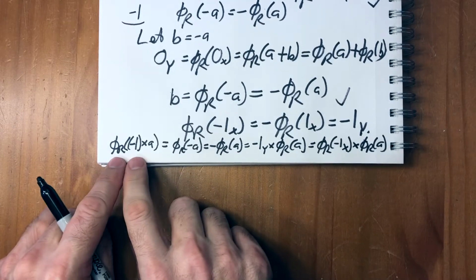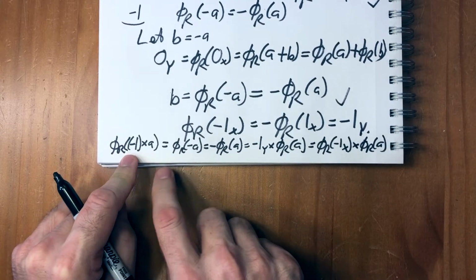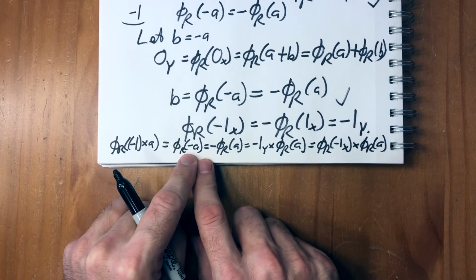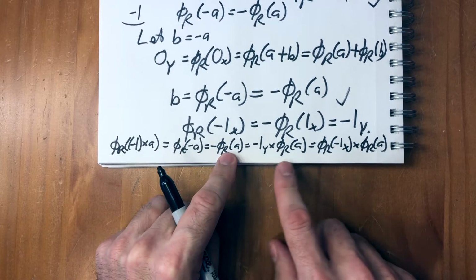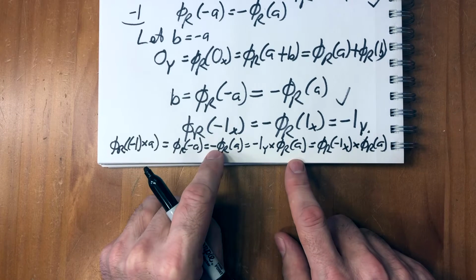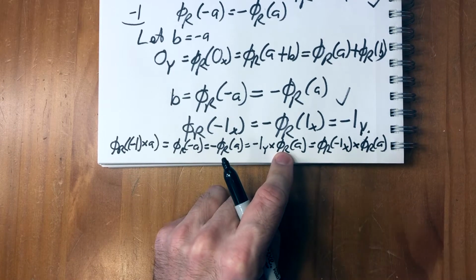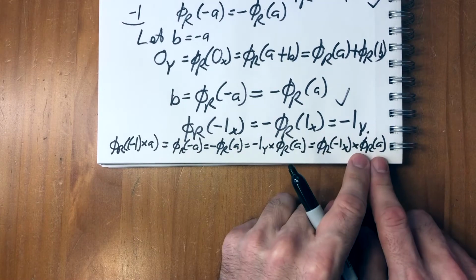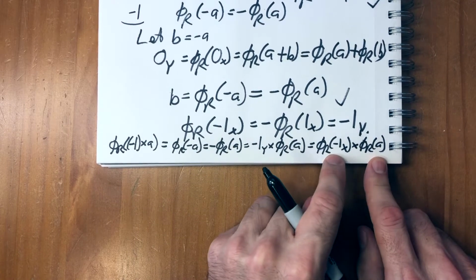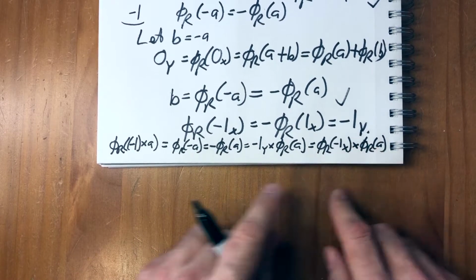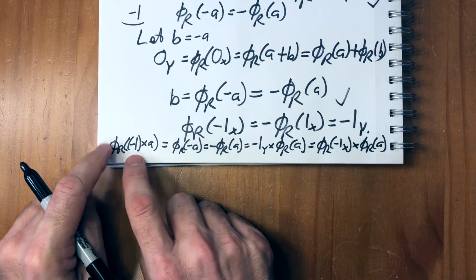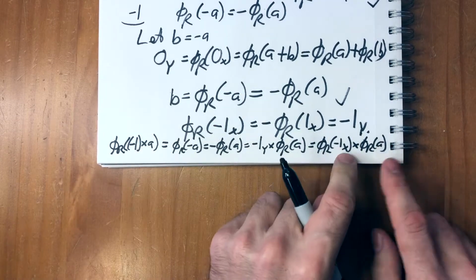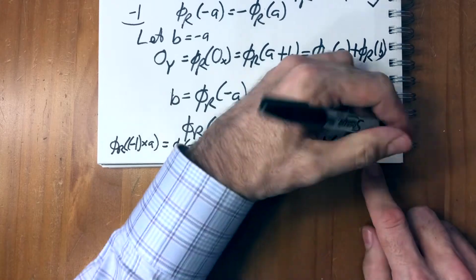So what did we do? We started with minus 1 times a, and then minus 1 times a is minus a. That's the same as minus phi r of a. That's the same as minus 1 times phi r of a. And then minus 1 is the same as phi r of minus 1. So this equals phi r of minus 1 times phi r of a. So we started with phi r of minus 1 times a, and we ended up with phi r of minus 1 times phi r of a.